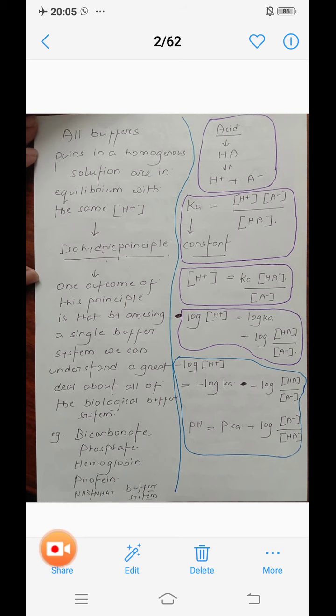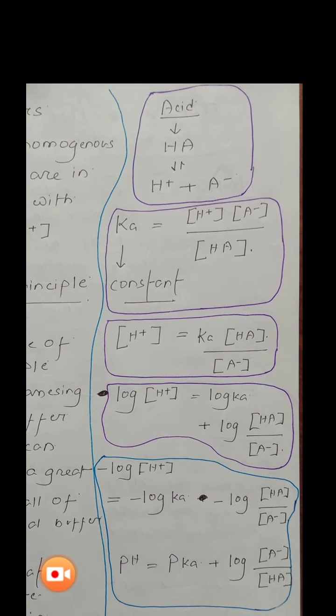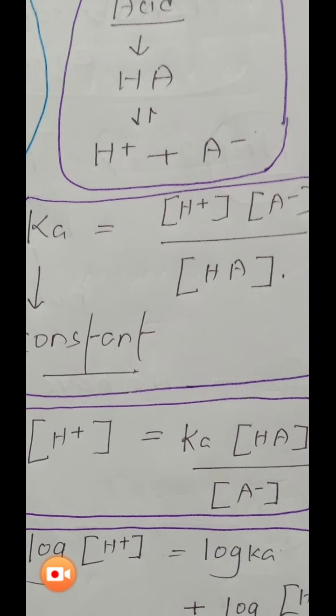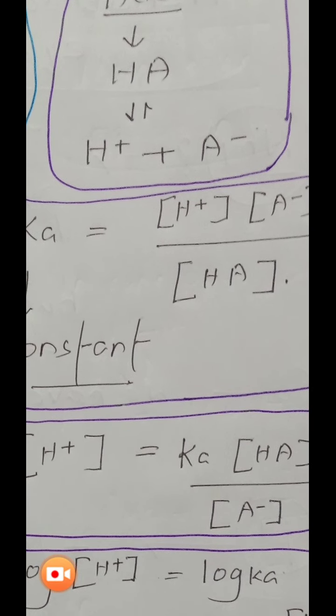Now, if there is an acid, that is HA, that dissociates into H plus and A minus.